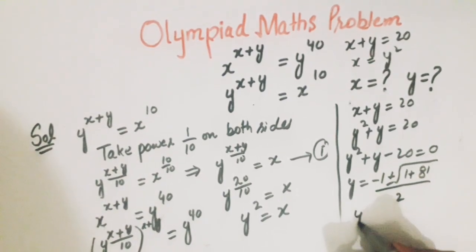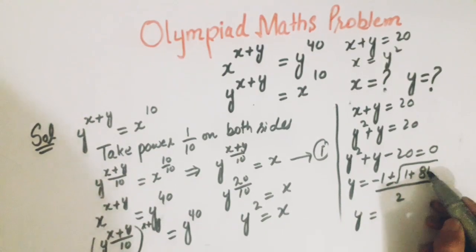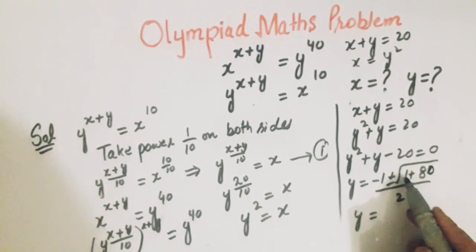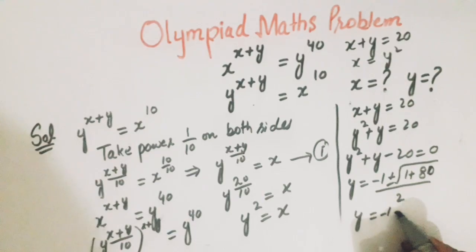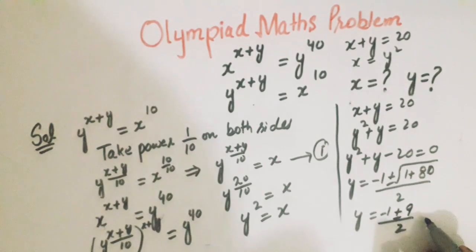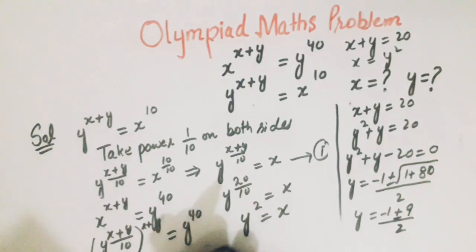It means we will consider the root, that is 80 plus 1 will be 81. So the square root of 81 is 9. So minus 1 plus minus 9 by 2. Only the positive root of this will be considered.